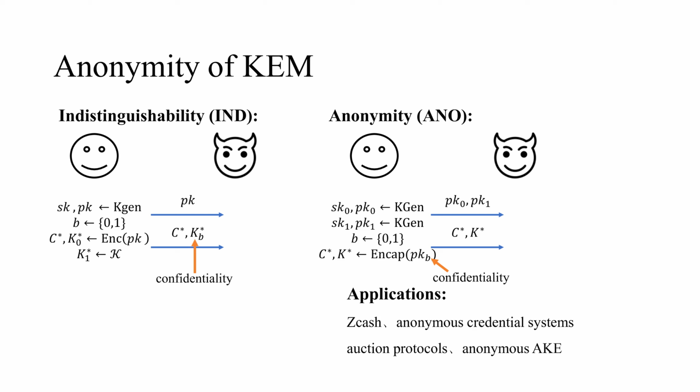Roughly, indistinguishability guarantees the confidentiality of the shared keys, while anonymity guarantees the confidentiality of identities, which goes beyond indistinguishability. And there are applications for anonymity, such as anonymous credential systems, auction protocols, anonymous AKE, and so on.